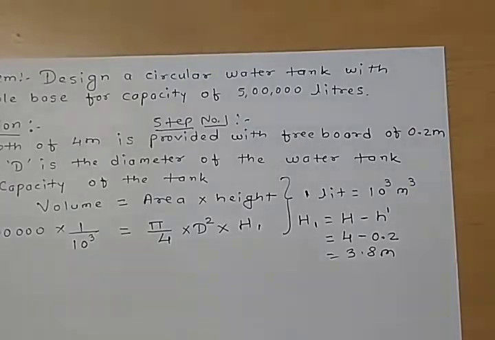Here h1 is the height of the water, and total depth is 4 meter minus the freeboard of 0.2 meter. So 4 minus 0.2, you will get 3.8 meter.